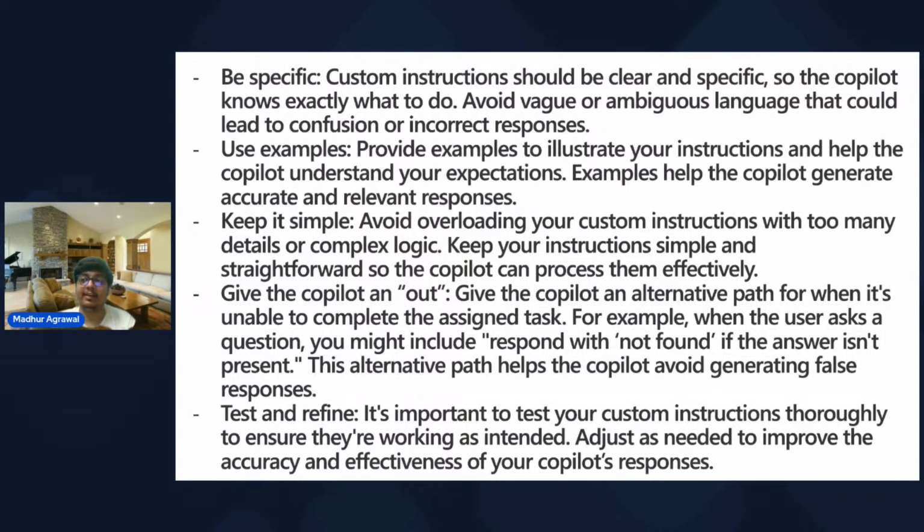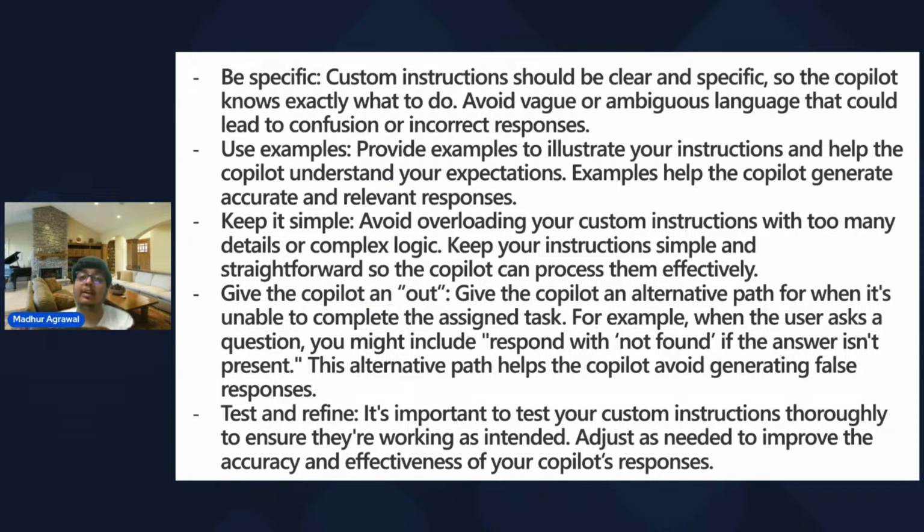It would hallucinate something like "the order is being prepared," although the restaurant hasn't even accepted the order. So you should include that it can say "I cannot give an answer to that." You can allow your Copilot that. It helps avoid generating false responses, which improves the overall customer experience.